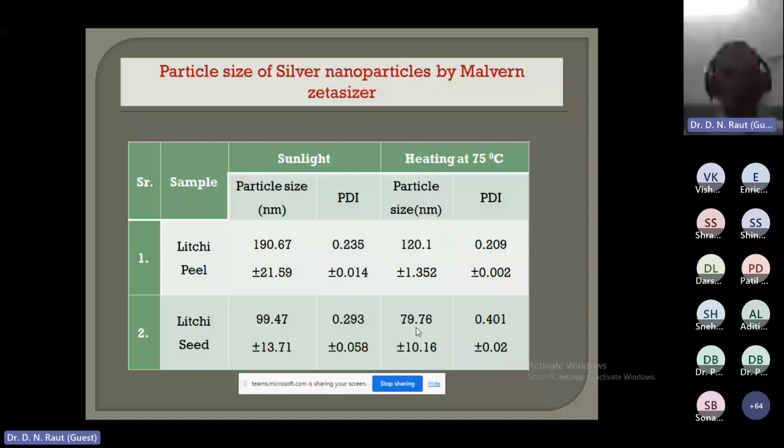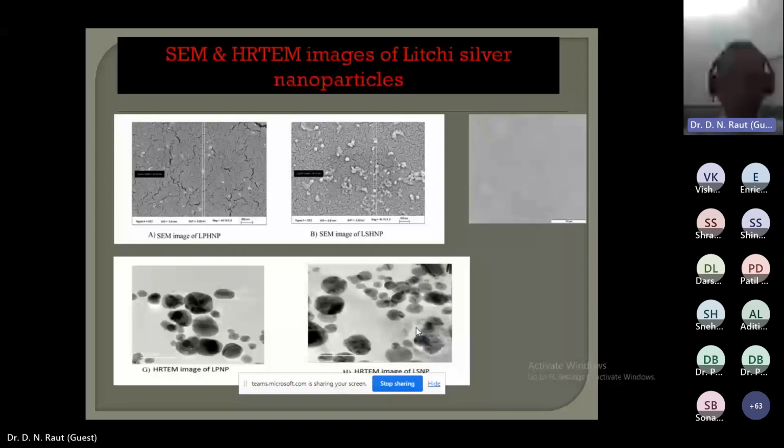And the zeta potential for the seed is 99.40 and around 79 from heating. So we could easily understand the formation of these nanoparticles. These are the images of the nanoparticles that we have produced. On the right-hand side you can see the blank, which is for the blank formulation.